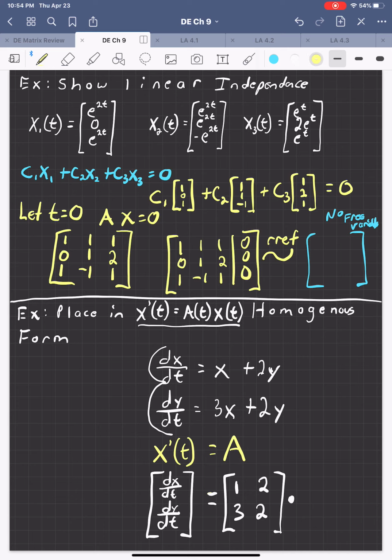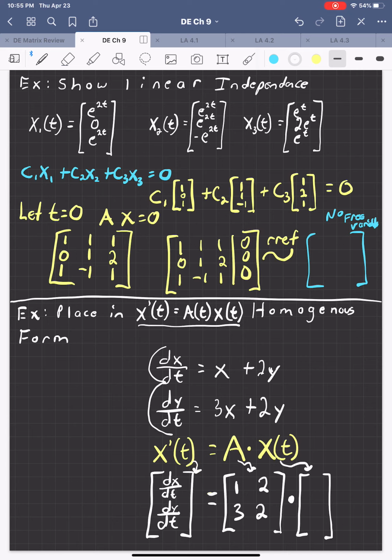And now it's A multiplied by x, or x of t. In this case, we don't really have functions of t, but again, I just want you to see the setup here.